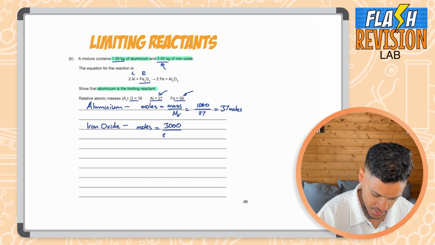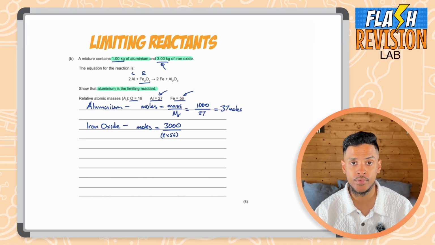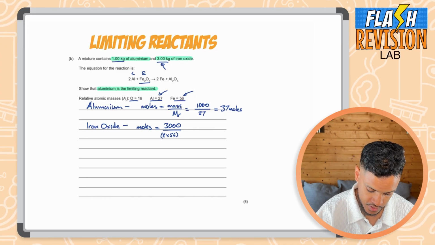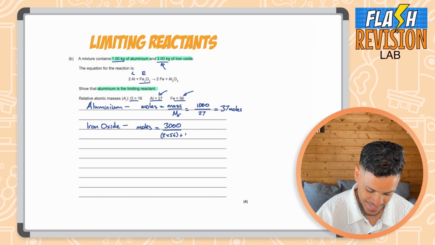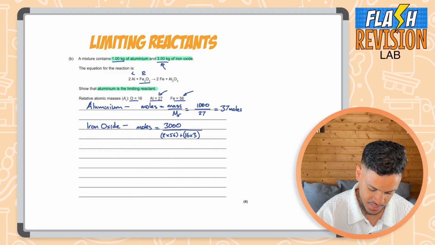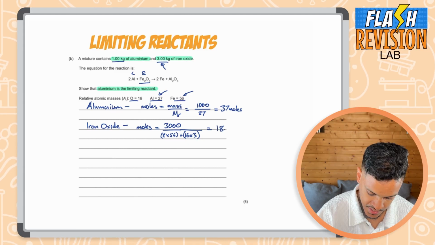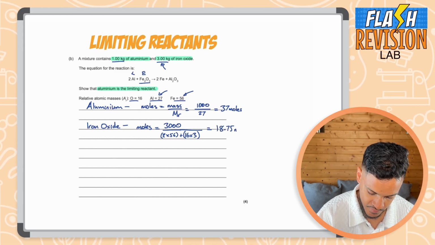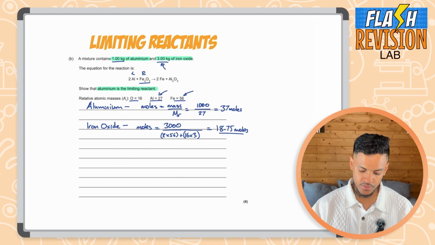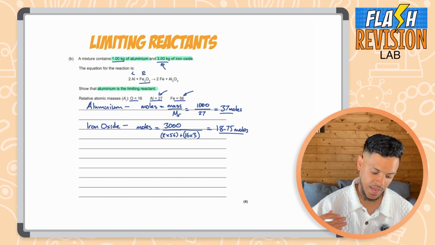So 2 times 56. Then Fe₂O₃, 3 lots of oxygens. So we're going to add 16 times 3 because oxygen is 16. And we're going to put that into our calculator. That will give us 18.75 moles.